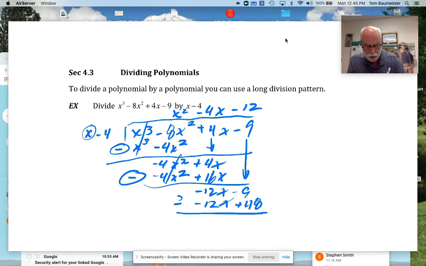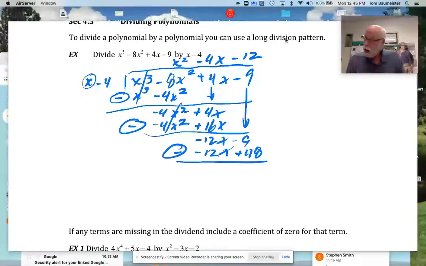And again, I'm subtracting it one more time. And that will then give us our x's going away as we expect. And then we're going to get negative 57. All right, and that is our remainder.